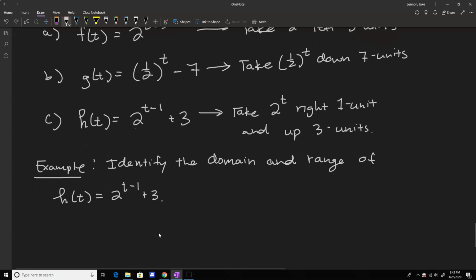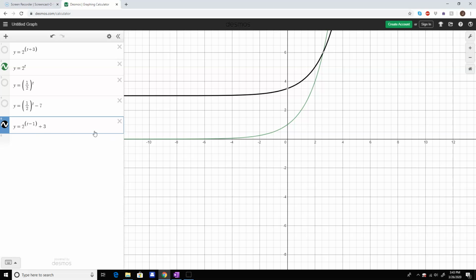So what happened? Well, let's go back and look at that graph. That's an easy way to figure it out. If we delete this graph, we see that we're getting an asymptote now at y equals 3. It still goes everywhere to the left and to the right, so transforming it is not affecting the domain, it's only affecting the range. The range is when we talk about the lowest y value up to the biggest y value.